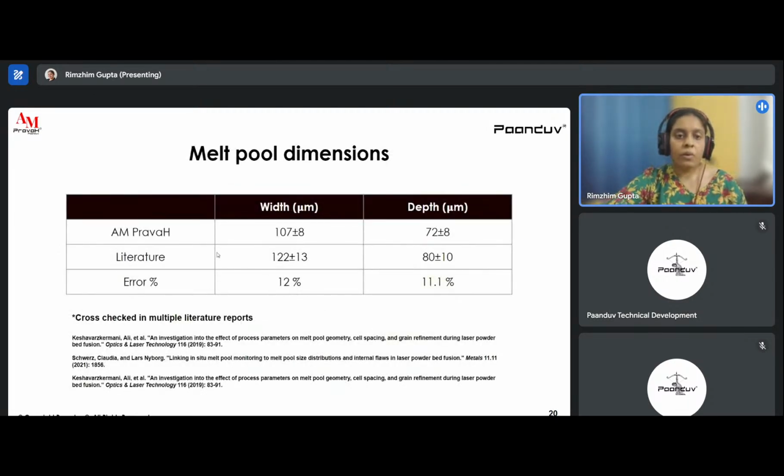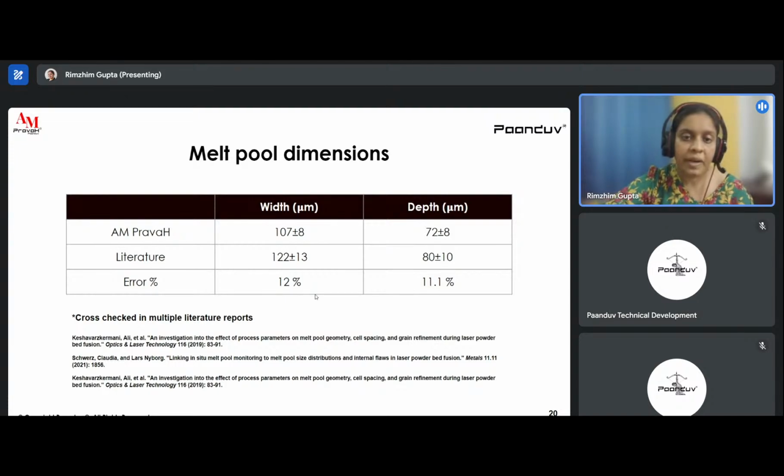So we have taken out the melt pool dimensions, width and depth. We have cut slices in 2D, in X direction and Y direction, and we understood the system very well. The width from the AM Pravah simulation came out to be 107 plus minus 8, and the depth is 72 plus minus 8 micrometer, whereas the literature suggests these values can be in the range of 122 plus minus 13 and 80 plus minus 10, which gives us an error percentage of below 15% in all the cases.